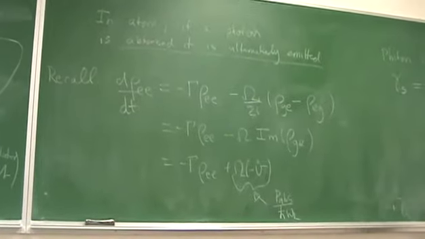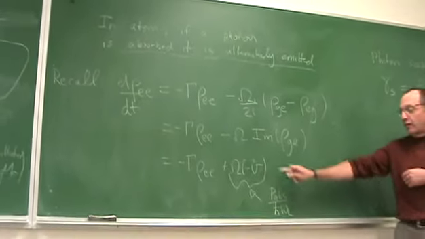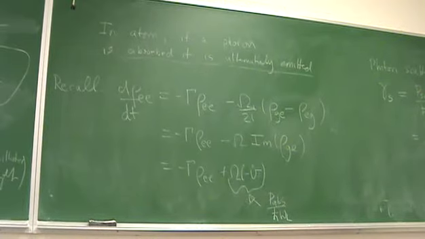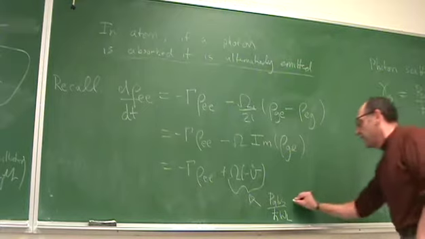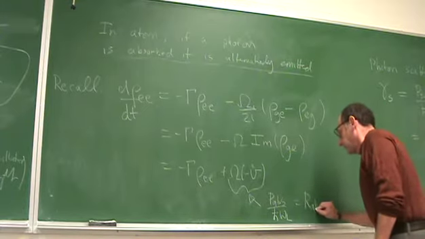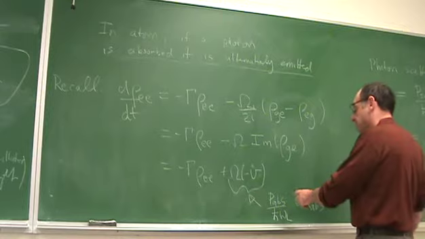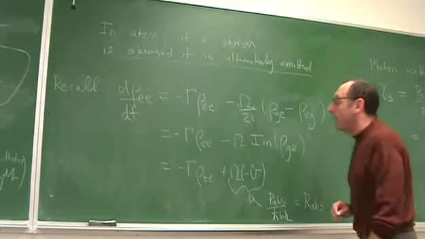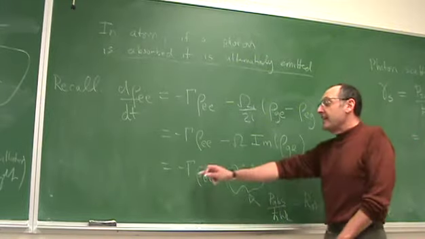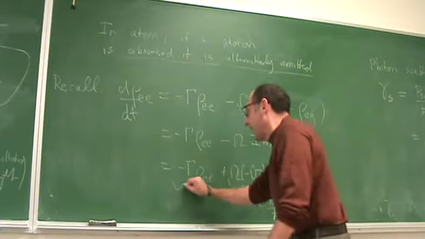So power absorbed over h bar omega is equal to this. This is equal to the rate of absorption. So the rate at which I'm absorbing, well, that in steady state is equal to the rate at which I'm emitting.